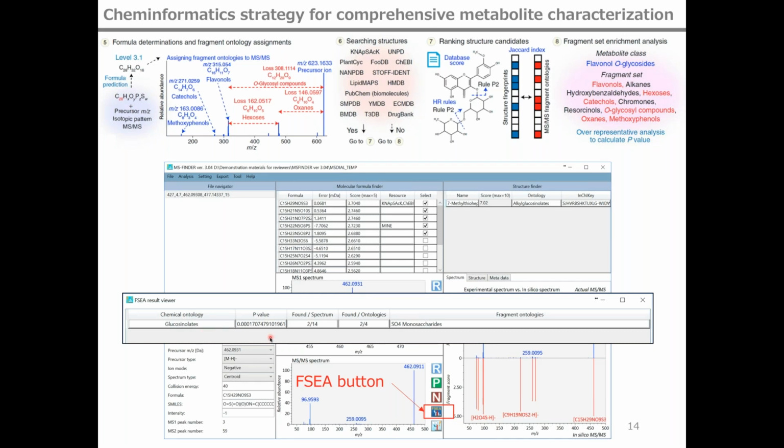And again, this p-value is calculated as 2 of 4 ontologies included in the glucosinolate class were found in a total of 14 uploaded spectra.